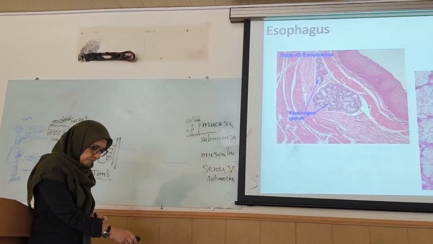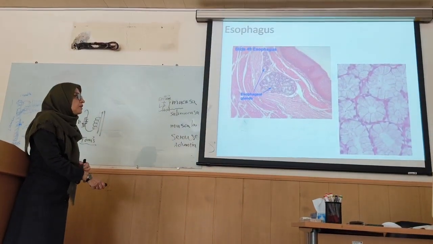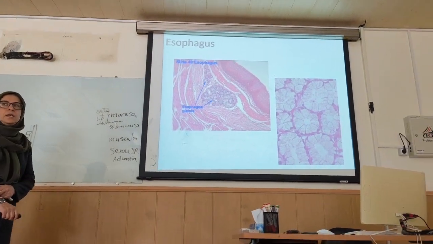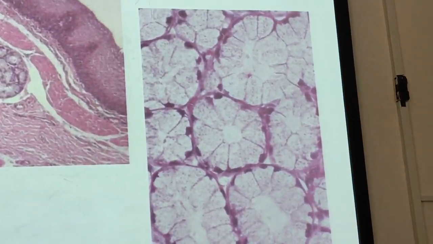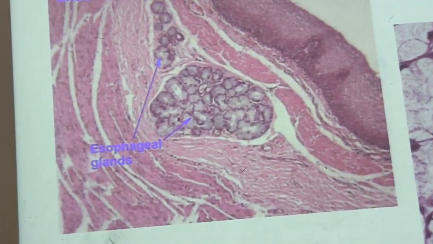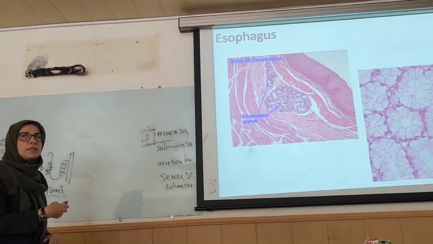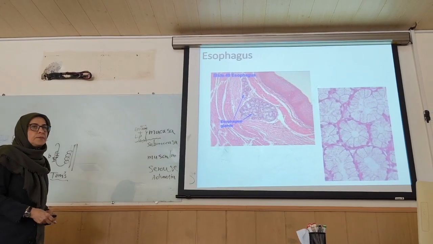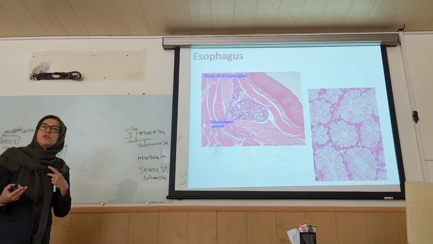In more magnification, mucous glands. If you remember from the cells chapter in the first semester, I explained about mucous cells, mucous acinus and mucous glands. Mucous cells have a columnar shape that produce the mucus.